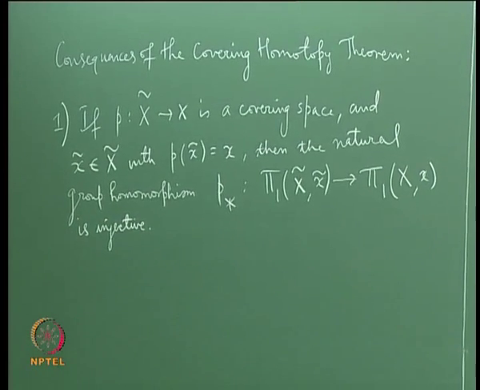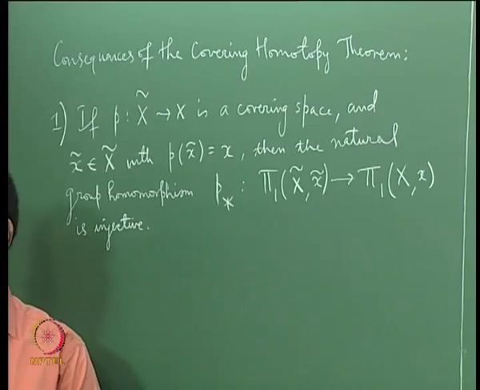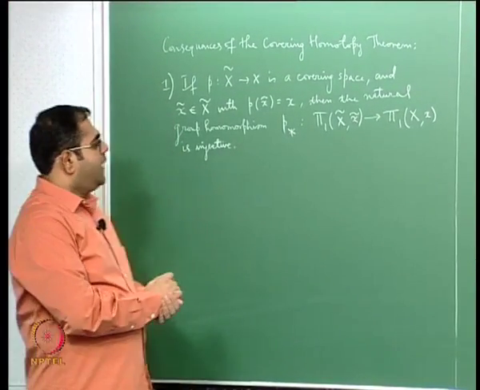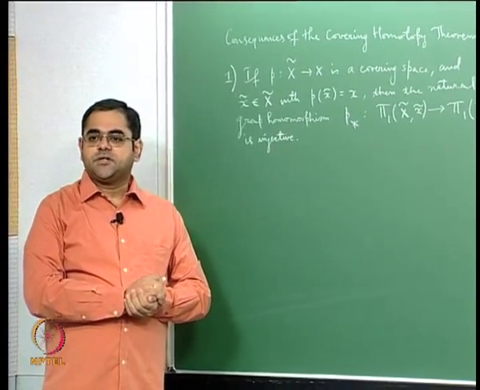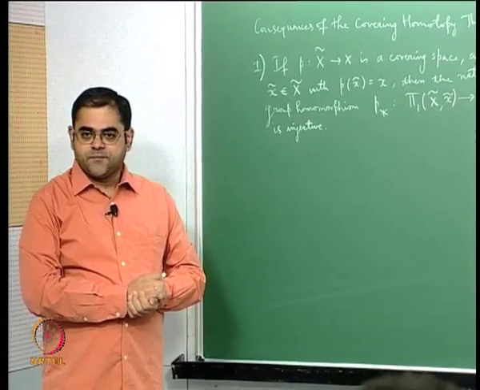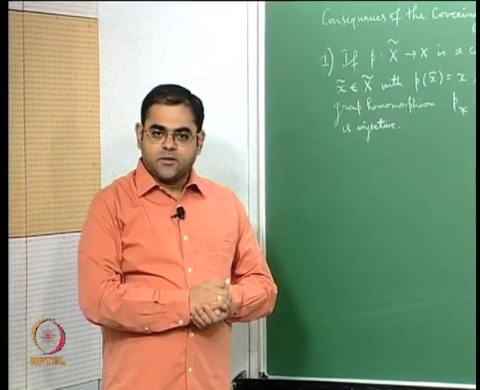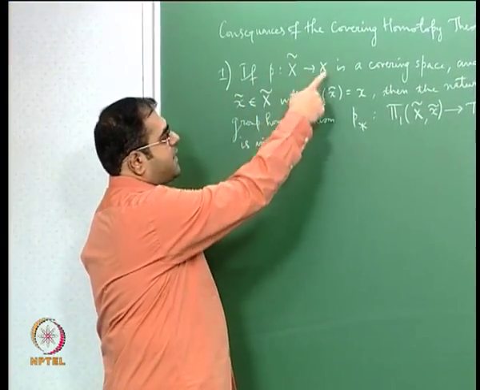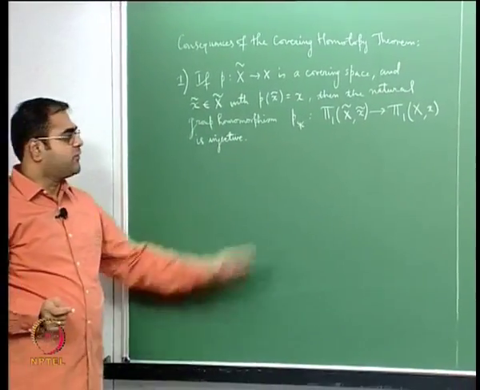Therefore you can identify the first fundamental group of the covering space as a subgroup of the first fundamental group of the base space. Okay, and if you recall, I told you that the formation of the fundamental group is what is called a functorial operation which transforms also a map into a group homomorphism, and that is how you got this.